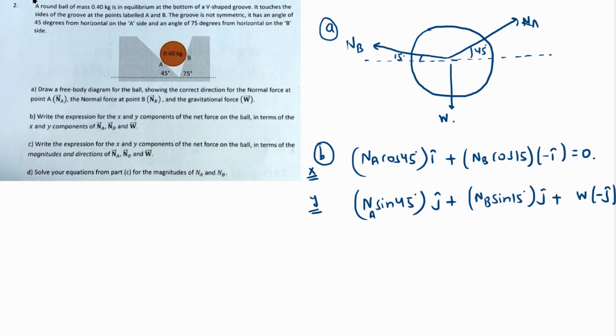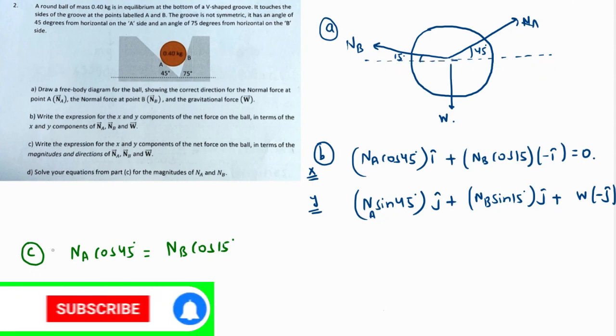Then in part C, they are talking about the magnitude and direction. So definitely we get rid of the i cap and j cap. It will look like NA cosine of 45 degrees equals NB cosine of 15 degrees, because the left side and the right side should be equal since they are at equilibrium. This is for the x direction.